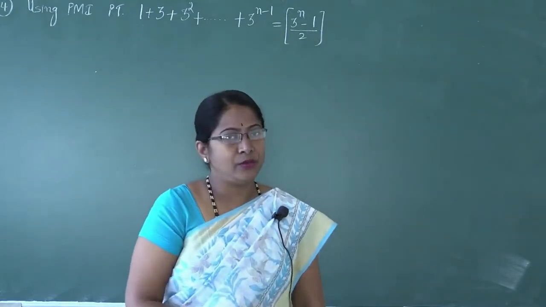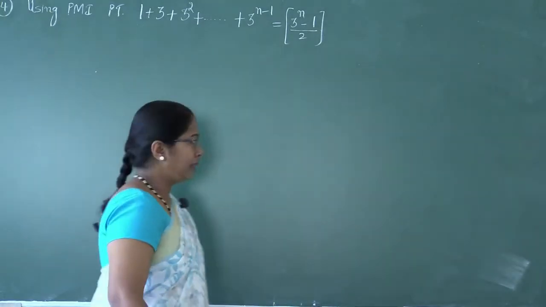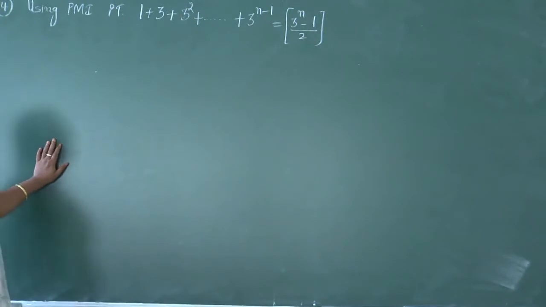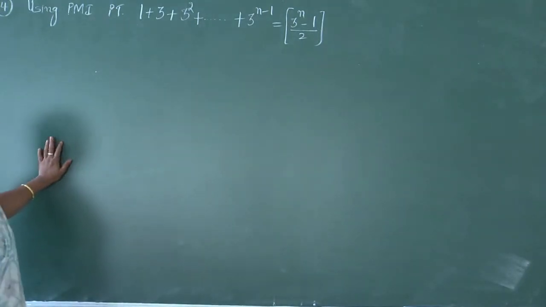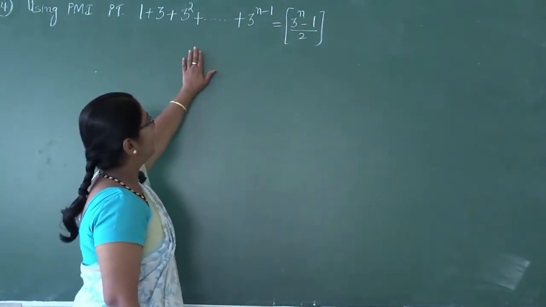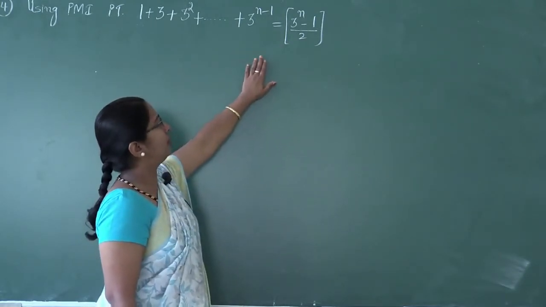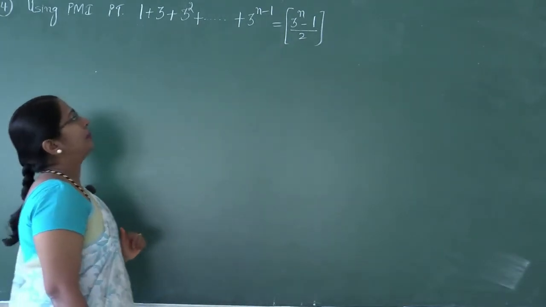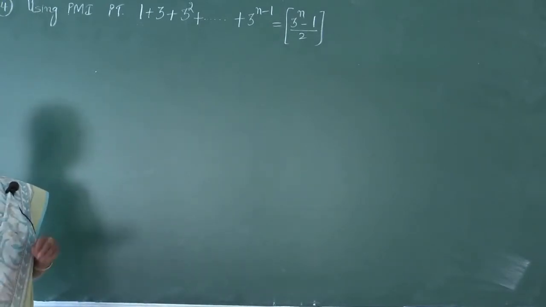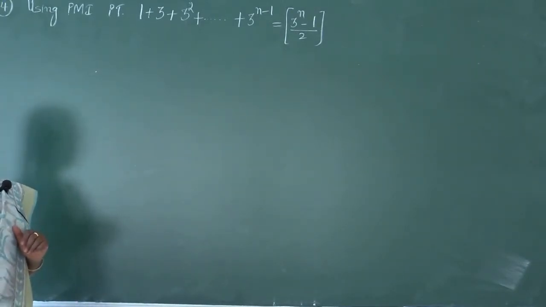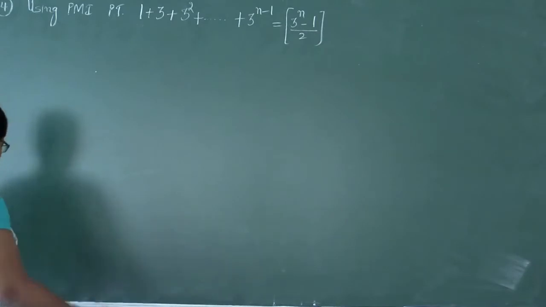Now, we shall solve the fourth problem using PMI, that is, the principle of mathematical induction. Prove that 1 plus 3 square plus etc. plus 3 power n minus 1 is equal to (3 power n minus 1) divided by 2. So what is the first step? We shall denote the given statement as P(n).